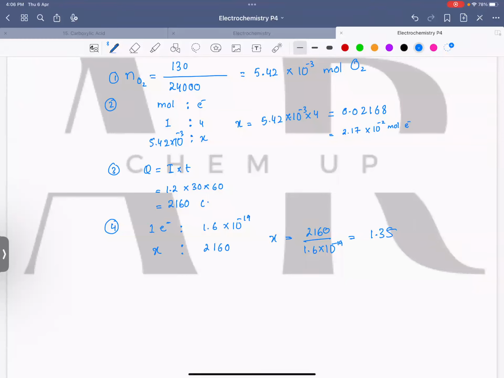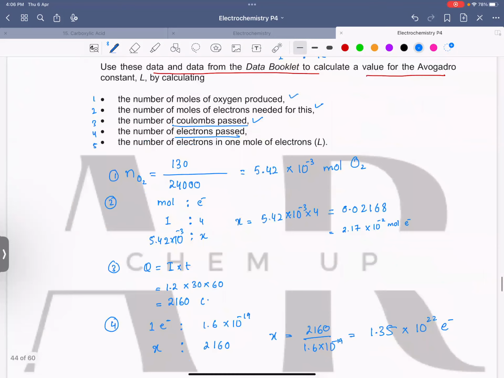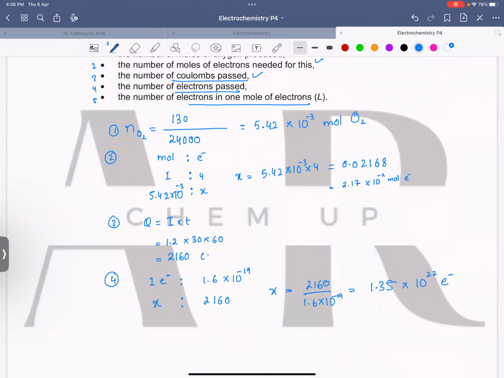And exponent 22. So these are the electrons. That is the fourth part. Now the number of electrons in 1 mole of electrons. You have to do the fifth part.